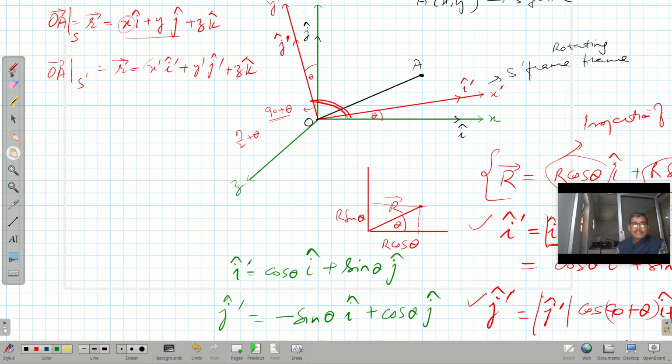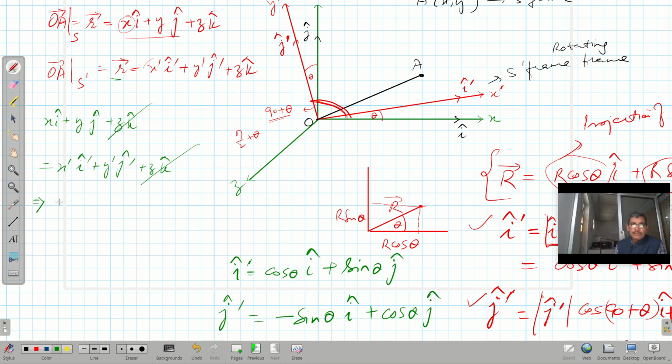So how can this be written? We know that this is r, both are similar. In other words, x i cap plus y j cap plus z k cap is equal to x prime i prime cap plus y prime j prime cap plus z prime k cap. The z part will cancel out because it is only rotating about the z axis, so z will remain the same.